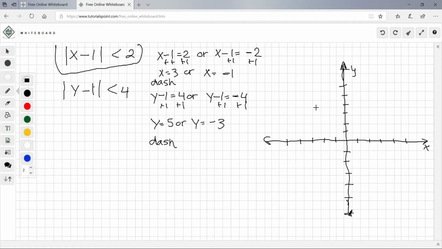Okay, so here, let's graph the first one. So we said here's x equals -1, right here. And we said it's going to be dashed.